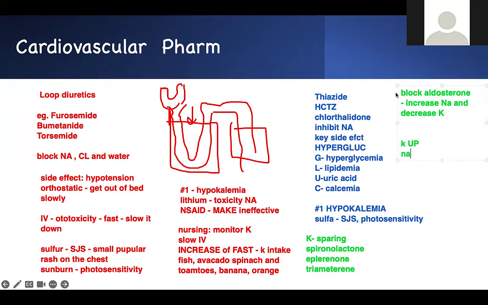This is how this medication causes hyperkalemia. So the K is up and sodium is down. So it causes hyponatremia by hyperkalemia. So those are the side effects of that medication.